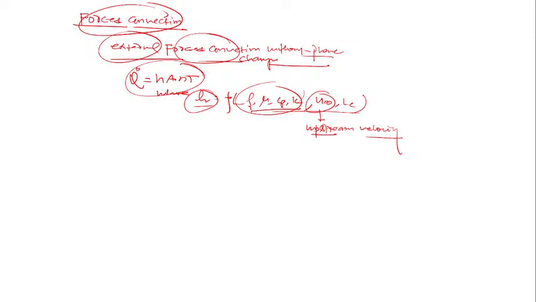All other parameters should be constant, and then you change the value of rho and find how h varies with rho. But the problem is that density varies with temperature, and viscosity is also a function of temperature, so both will vary. Both cannot be constant at the same time. Is this clear? That is the problem here.